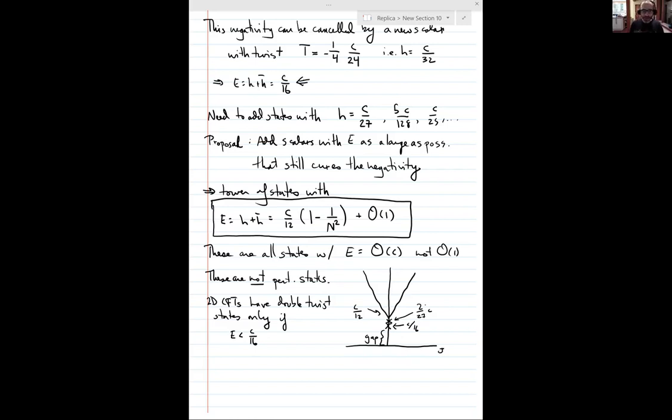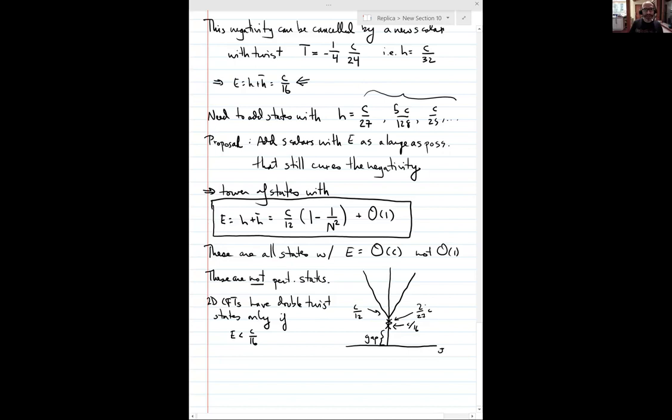Let me. So okay, I haven't actually made the completely precise mathematical statement yet. There is the precise mathematical statement you can make that, in fact, you can get away with adding only a finite number of these states.